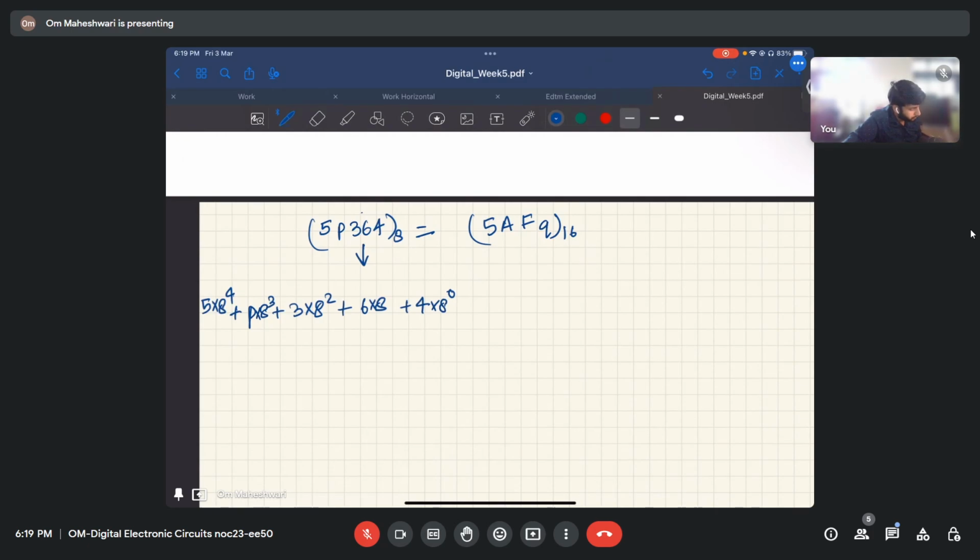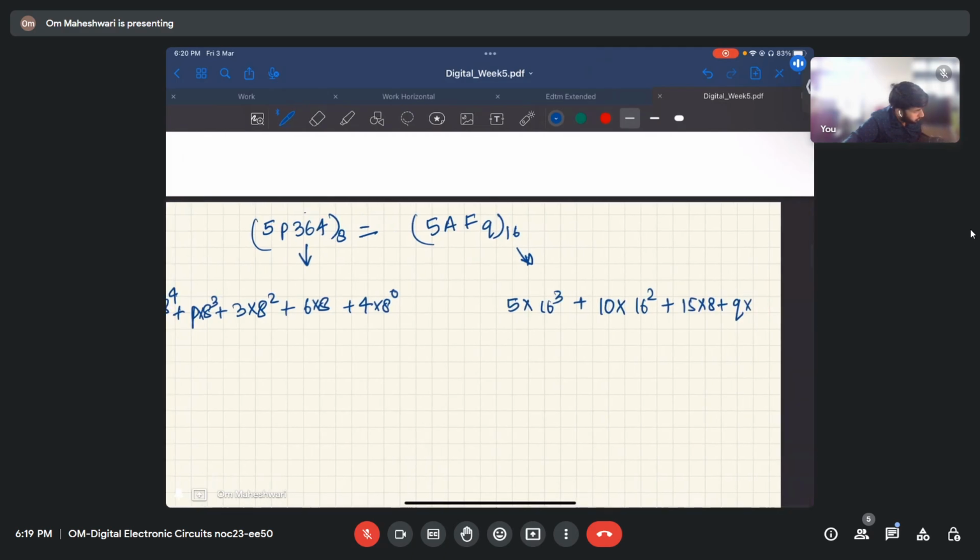And this thing is 5 into 16 cube plus A is actually 10, so 10 into 16 square plus F is 15, 15 into 16 plus Q.